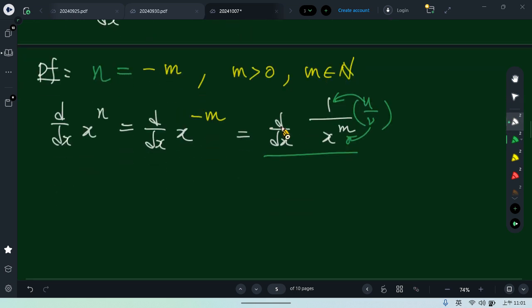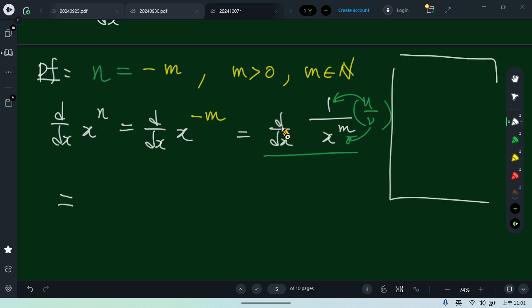So if you still remember, I may note it down here. If you want to differentiate u over v, it will be v squared in the denominator, with v times du/dx minus u times dv/dx, right? So based on this idea, we just follow rule number 6.